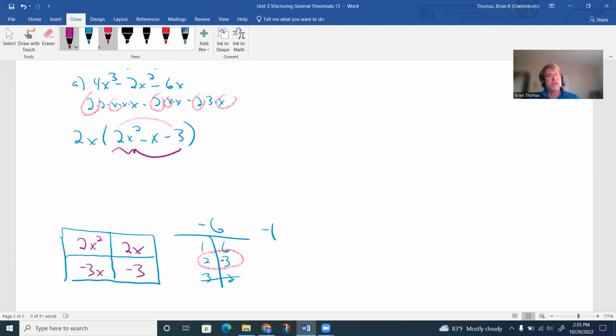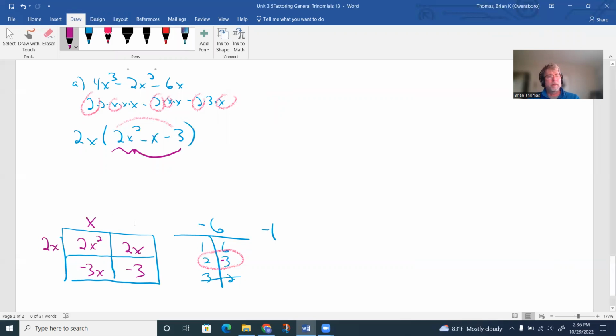So again, our strategy is to pull out the GCF. And typically all you have to do is pull out the GCF on the first row. If I look at the 2x squared and the 2x, notice how they do have a 2 and an x in common. So if I use my thinking, instead of using division, what times 2x is 2x squared? Looks like I'm missing an x. x times 2x is 2x squared.